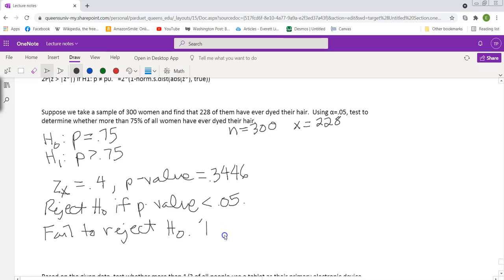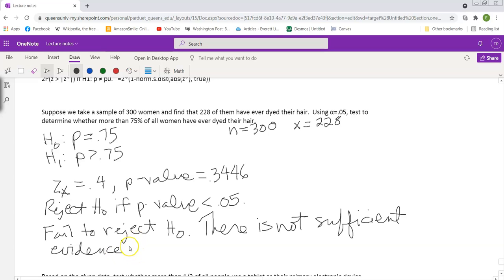And say that there is not sufficient evidence to conclude that P is greater than 0.75. In other words, we cannot conclude that more than 75% of all women have ever dyed their hair.